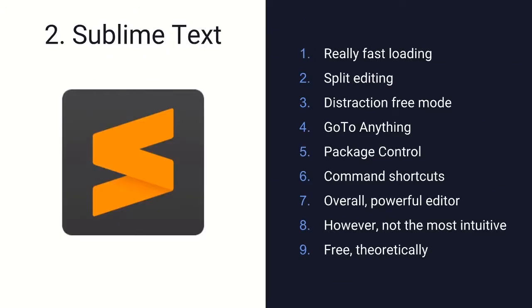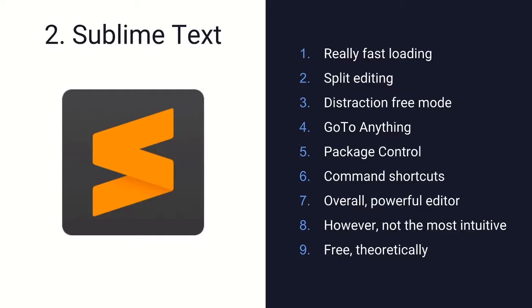Number 2, Sublime Text. I struggle putting Sublime Text on this list because there is an $80 licensing fee. However, there is also an unlimited length free trial, so it kind of makes it free for as long as you wish. Overall, Sublime Text is a really great text editor. It has a lot of functionality, and one of its best features, in my opinion, is the fact that it's really fast.